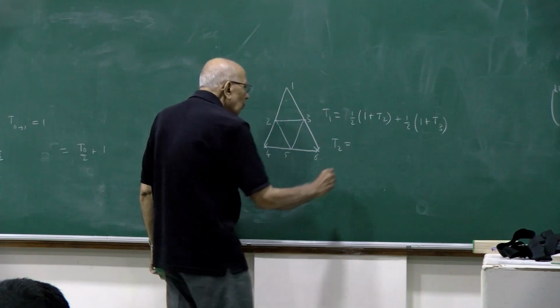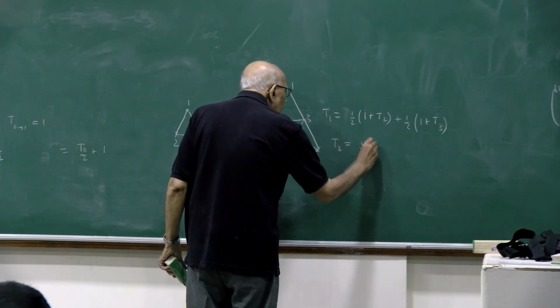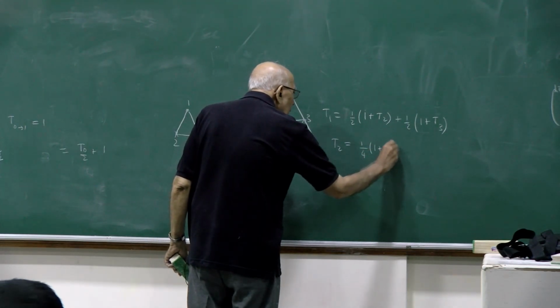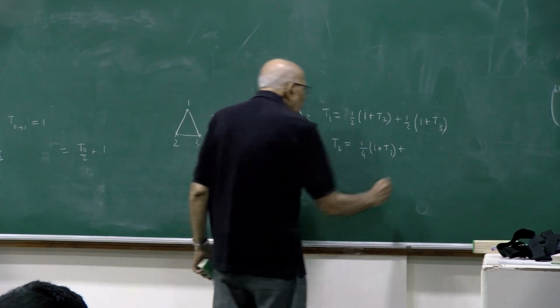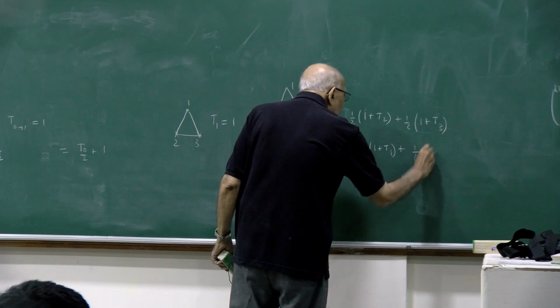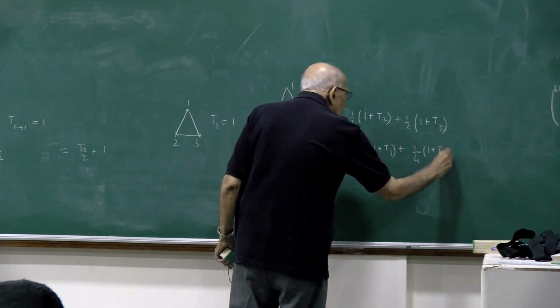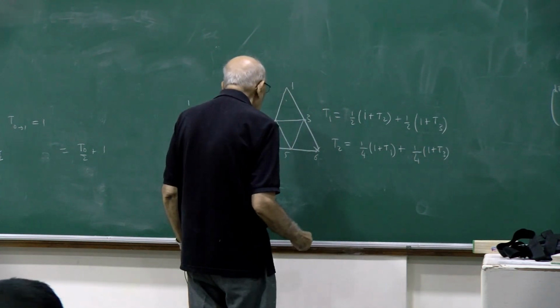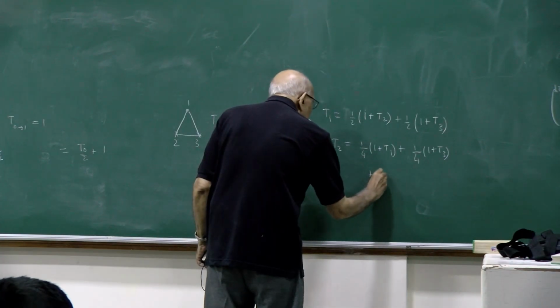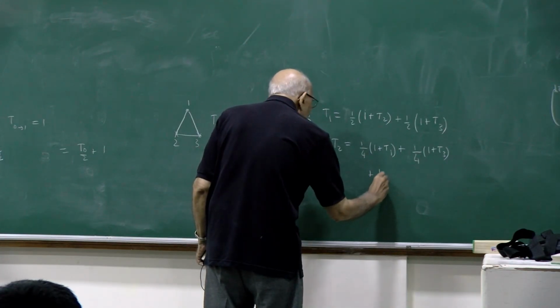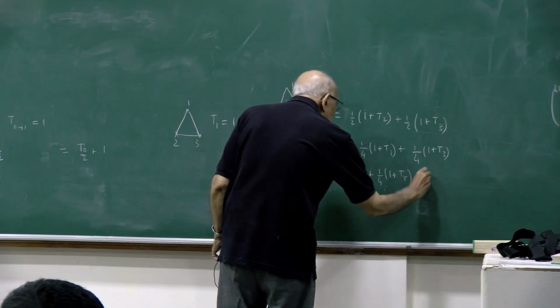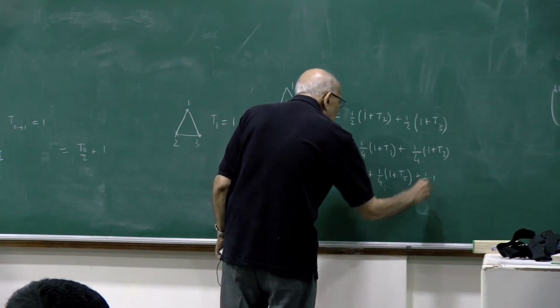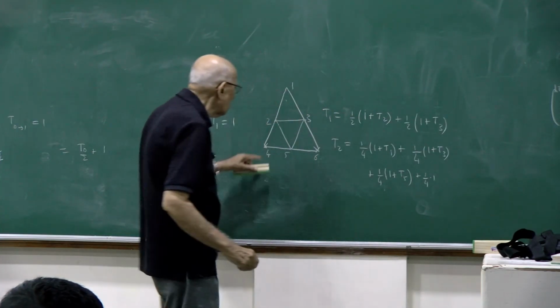So it's equal to 1/4 times 1 plus T1, plus 1/4 times 1 plus T3, plus 1/4 times 1 plus T5, plus 1/4 times 1 because he's hit 4.